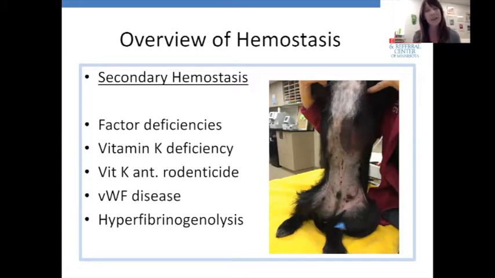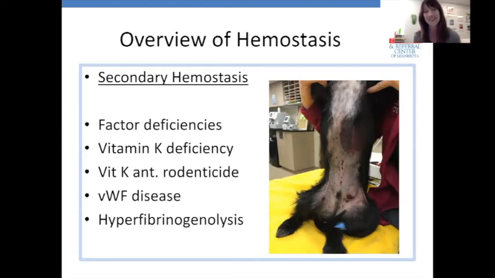And remember, vitamin K is a fat-soluble vitamin. So if you've got an animal that has, for example, a problem with bile outflow into the GI tract, those guys are not going to absorb vitamin K well. And so those animals will have a relative vitamin K deficiency, and that may contribute to a coagulopathy in those patients.